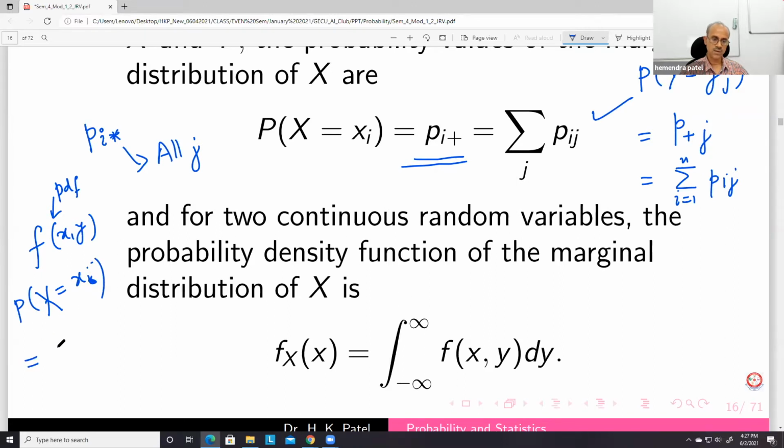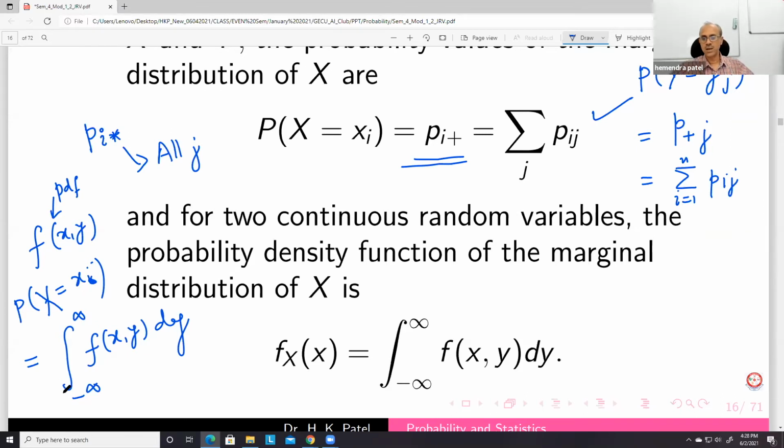If you want X equal to x, you just generalize this. If you want X equal to xi, we sum with respect to j. So here we integrate with respect to j, where j means the y variable. So integrate f(x,y) dy over all values, with a lower limit and an upper limit, minus infinity and plus infinity.